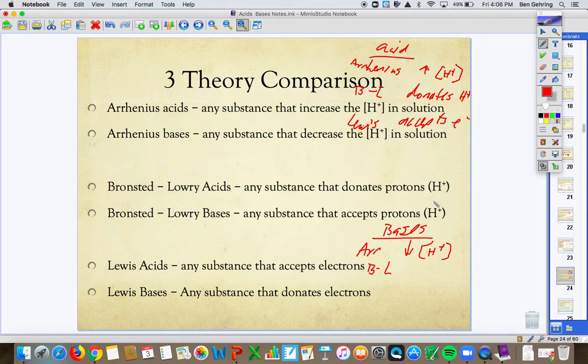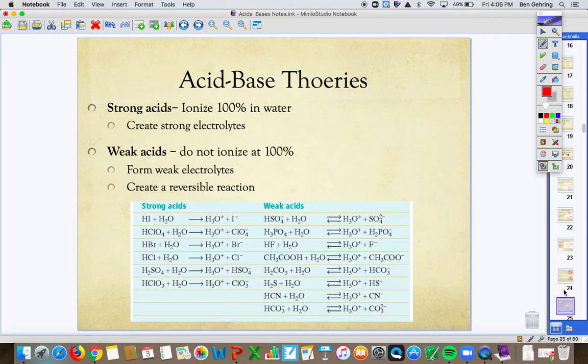So instead of donating the proton, it accepts protons. And Lewis donates electrons. Those are your three classifications of acids and bases.